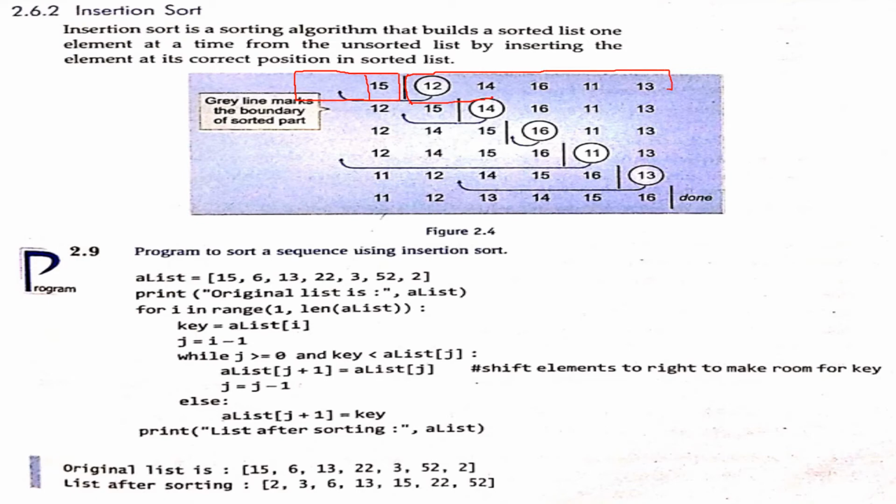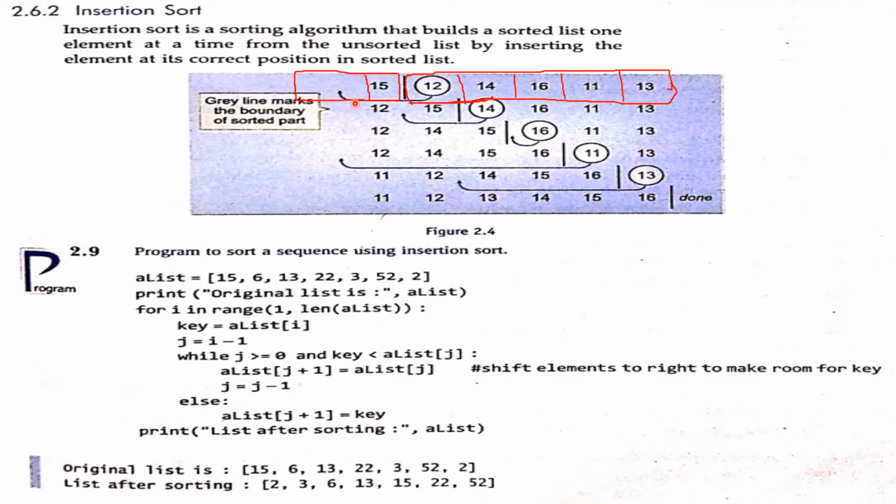So this 15 is the sorted list, and from index 1, 12, 14, 16, 11 and 13 is the unsorted list. What we have to do is take one element at a time and find the appropriate place to insert this value in the sorted sublist.